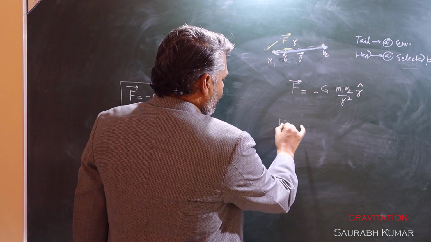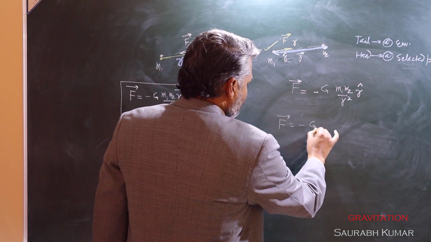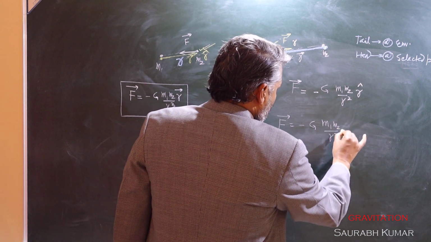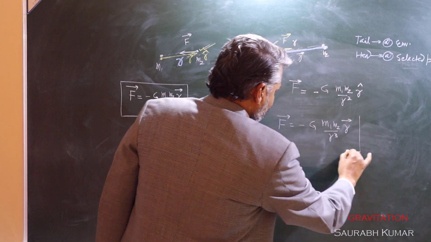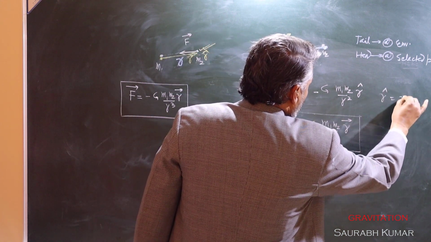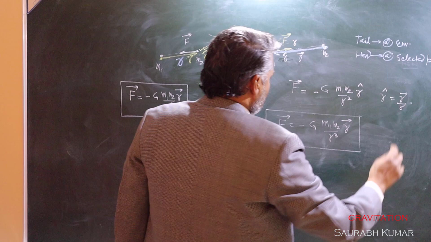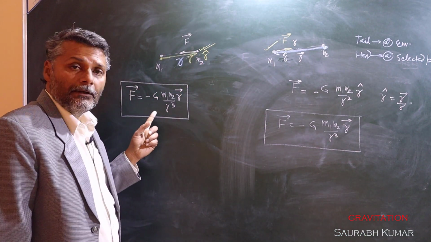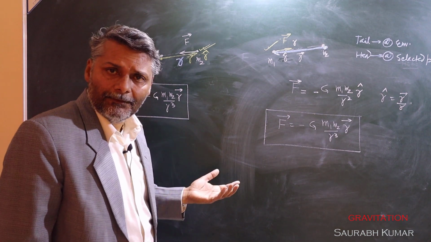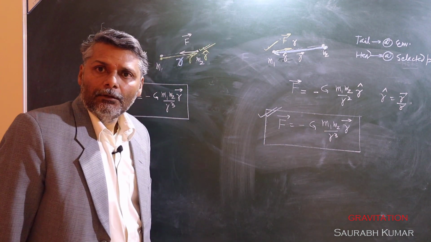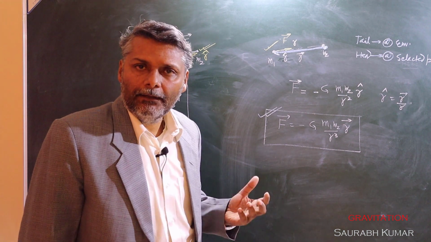So this F becomes equal to minus G M1 M2 by R cube into vector R, isn't it? Because again, how much is this R cap equal to? R by its magnitude. So for both M1 and M2, what result do you get? Same. So this is what is known as Newton's law of gravitation using vector notation.